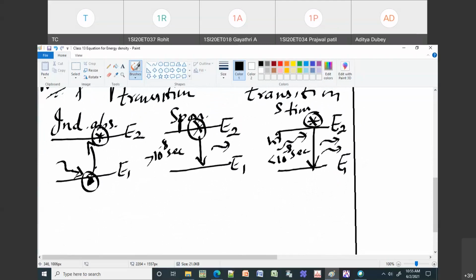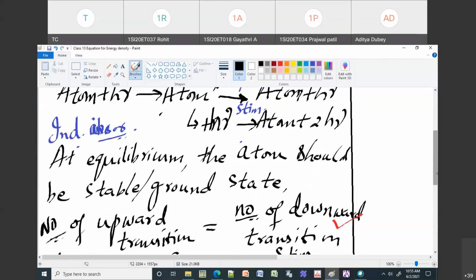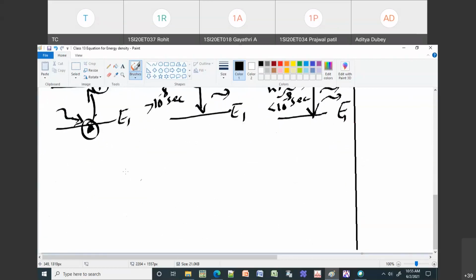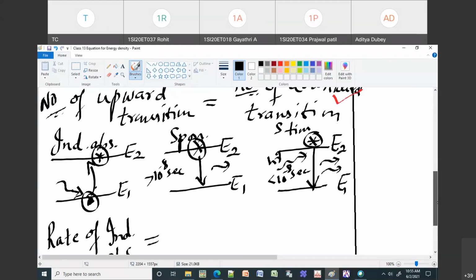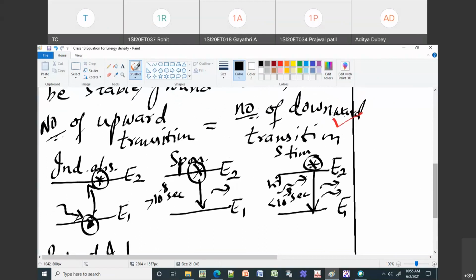So this is nothing but induced absorption, right? Correct. So this is your induced absorption. So the rate of induced absorption, that is the only process which is making the atom go to excited state, should be equal to the downward transitions. There are two downward transitions. What are the two downward?